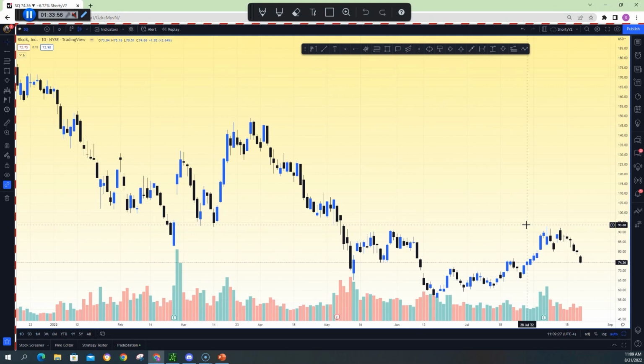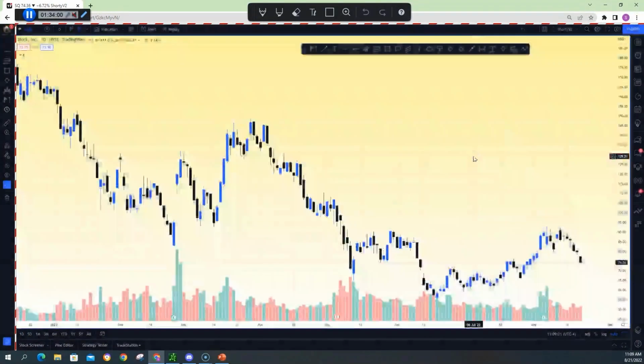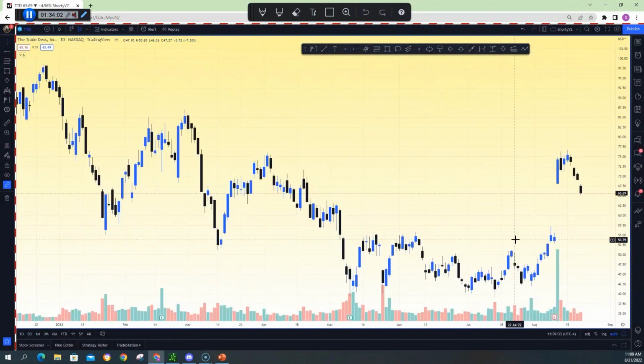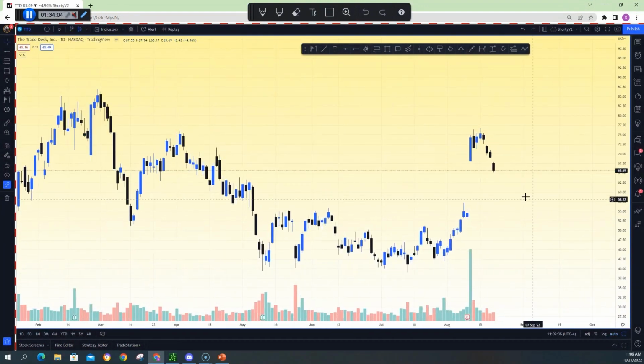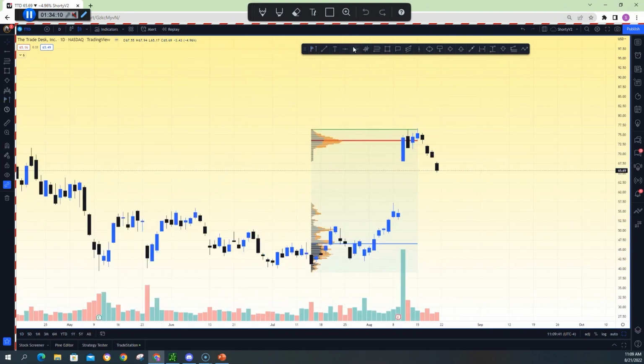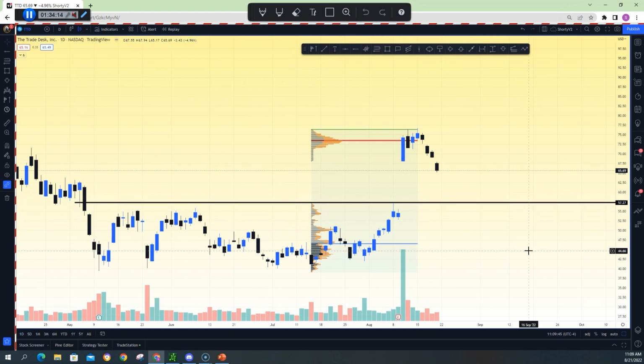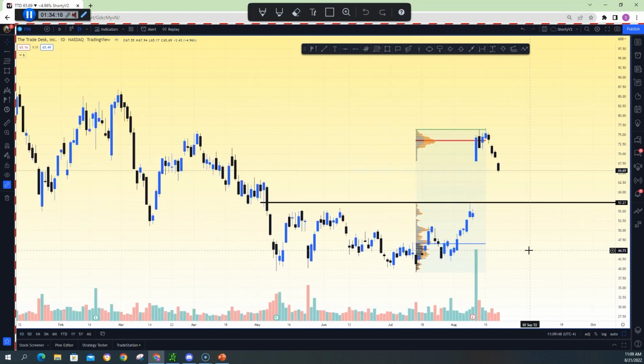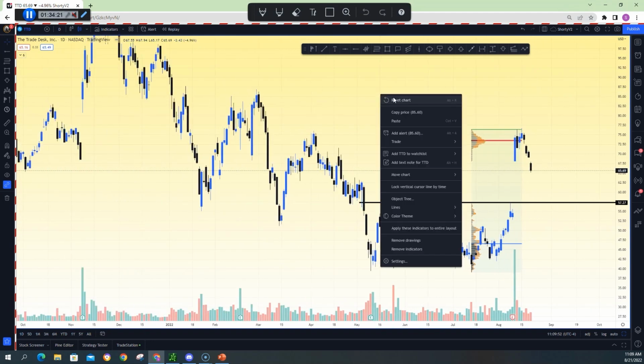So from 93 all the way to 74. Oh yeah. Yeah, you can catch TTD here. If you didn't get short, too late now, but this has room to fall now. It has a lot of room to fall.